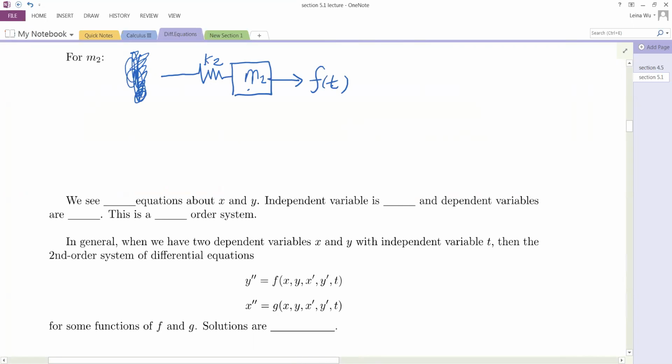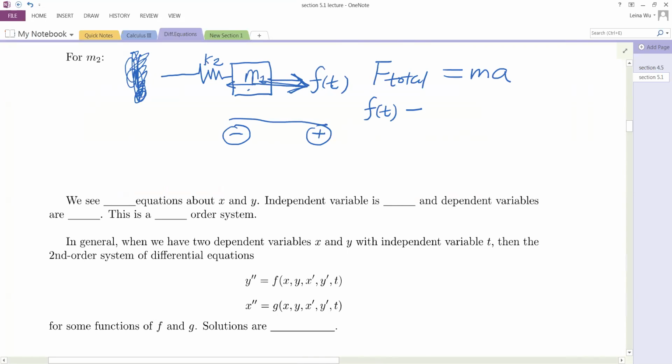So the M2 basically is under 2 forces. One is this, to the right, F of t. One is the force coming from the spring constant K2. So for M2, we have total force F equals MA again. Total force, positive direction, negative direction. To the right, we have F of t. To the left, we have this force that comes from the spring number 2, right?